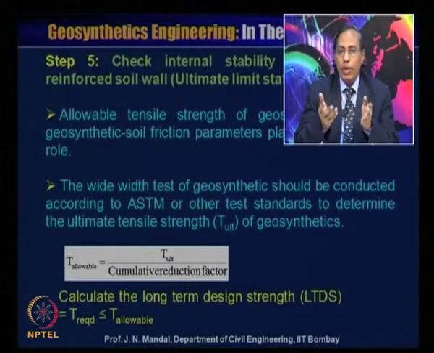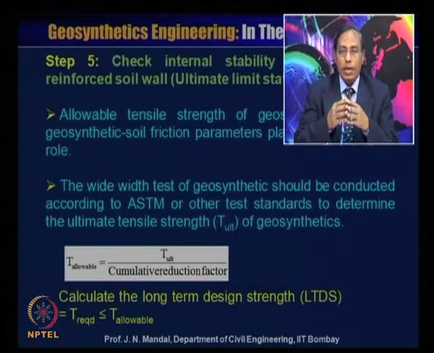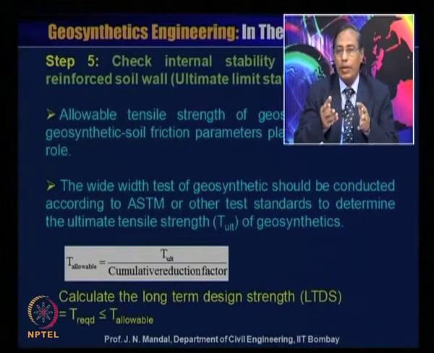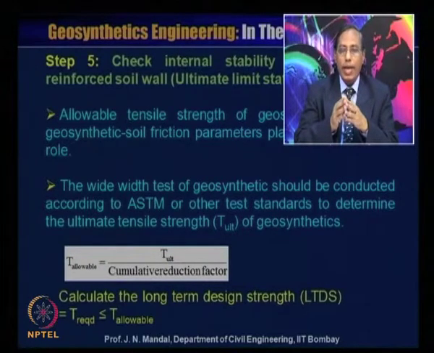You know that the cumulative reduction factor includes the reduction factor for creep, for installation damage, for biological degradation, for chemical degradation, etc. All those factors you have to take into consideration, and then calculate the allowable tensile strength of the geogrid material.